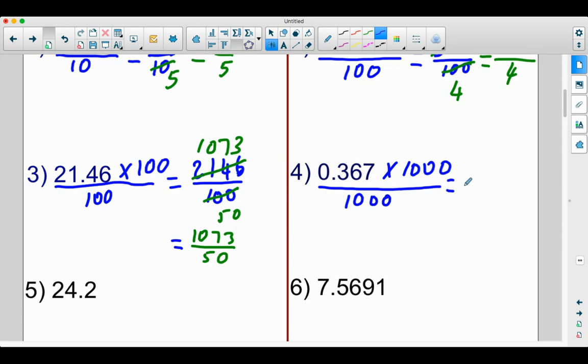So that will give us 367 over 1,000. I don't see any immediate value to simplify it by, so I will leave this as it is.